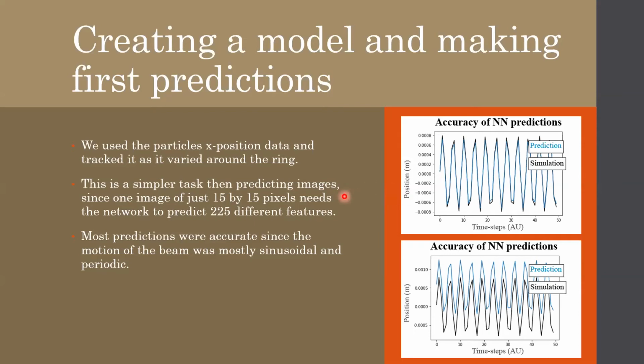Here the black graph is the simulation, the input data we were trying to predict, and the blue one is the prediction given by our neural network. As you can see, it is really accurate. It predicted the overall behavior, and even in these cases where it was a little bit out of phase, the overall behavior was the same. So we can say it predicted this input correctly.